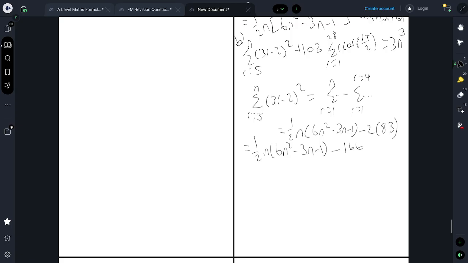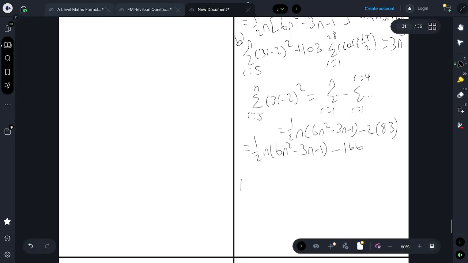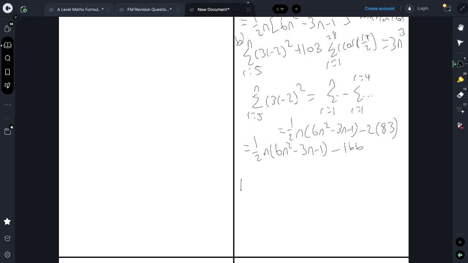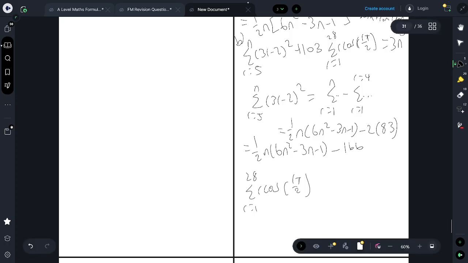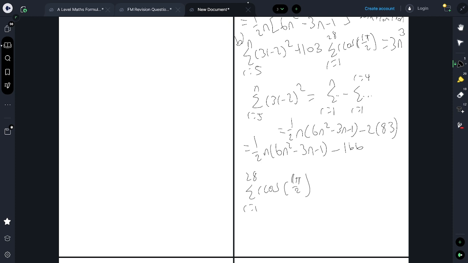Now we're going to look at the second sum. So this r bit, the sum from r is 1 to 28 of r cos r pi over 2. Now, obviously that's an unseen series. We don't know how to deal with that directly. So, like with normal maths, the best way is to write down the first few terms, right?